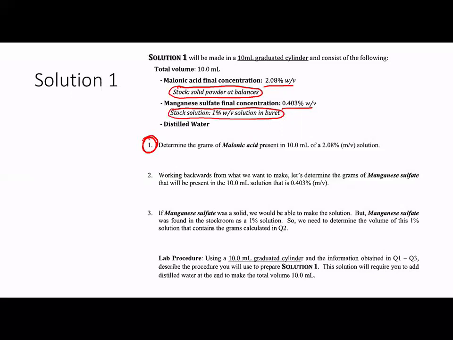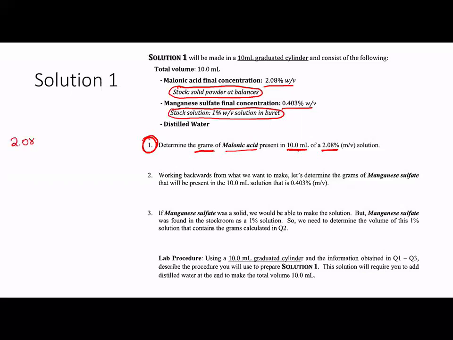Let's go through each one of these questions in detail. These questions are what you're going to be doing for this pre-lab. So this says to determine the grams of malonic acid present in 10 milliliters of a 2.08% mass over volume solution. So let's look at how we would set this up.